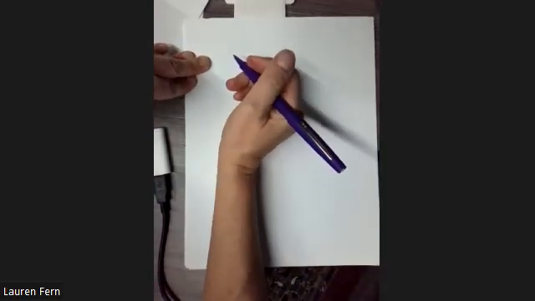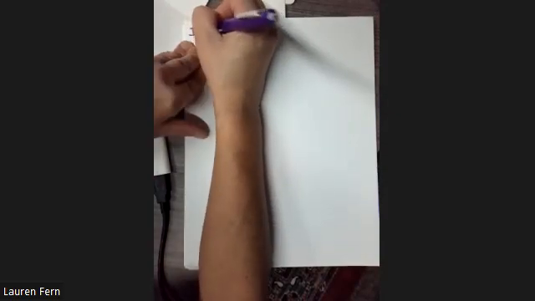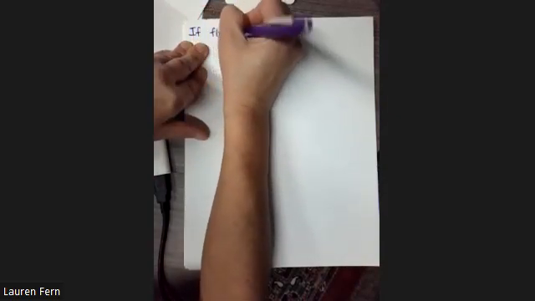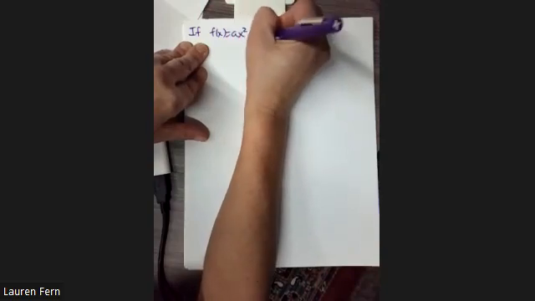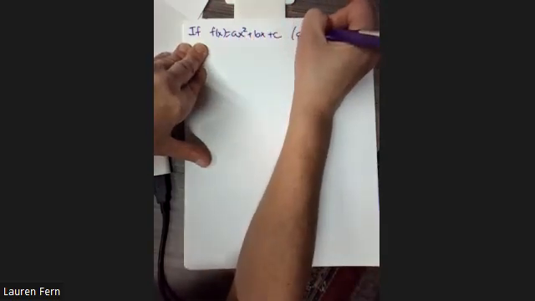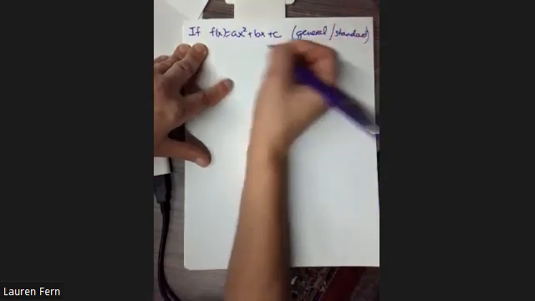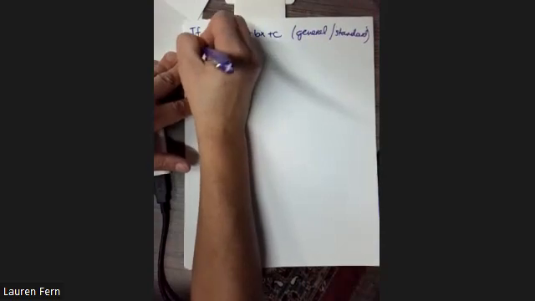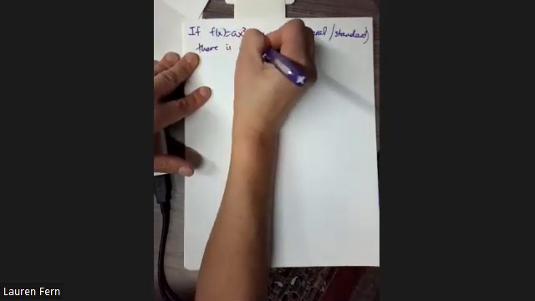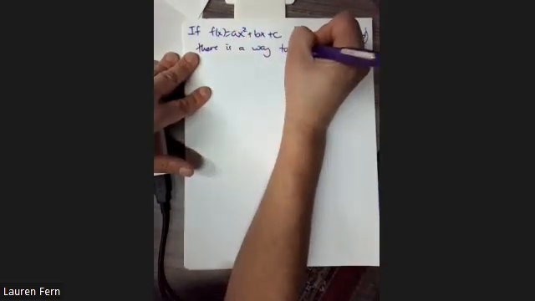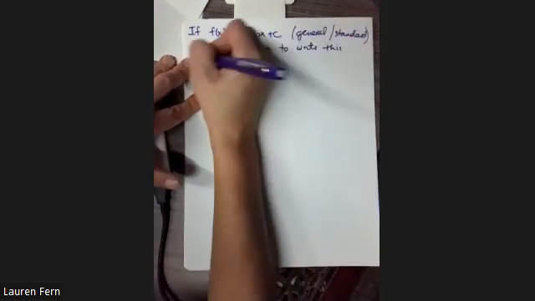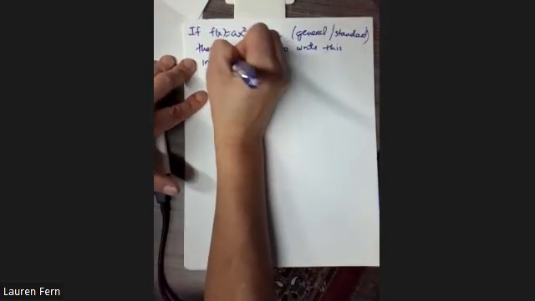Now, there is another way to find the vertex if the function is in general or standard form. So if we have our function in this form, which we call general or standard form, there is a way to write this in what we call vertex form.